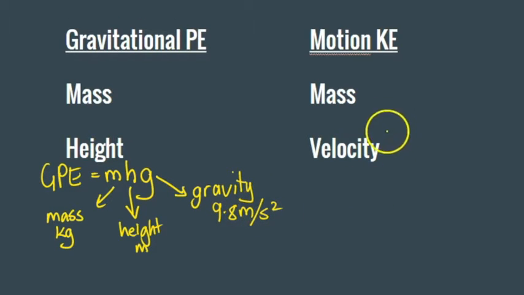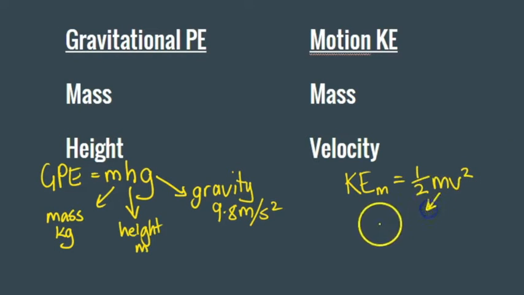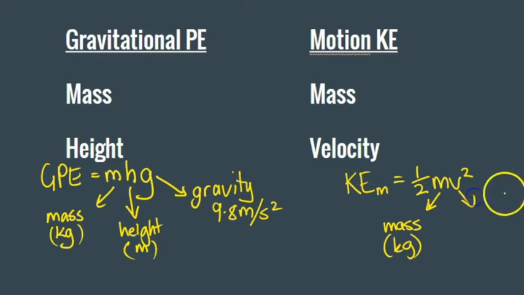Now, likewise, kinetic energy, the energy of motion, has its own way of being calculated. We actually calculate it like this. It's going to be a half of whatever our mass is times our velocity squared. So again, we need to know the mass of the object that's traveling, and again it has to be in kilos, and we have to know the velocity, which is our speed in a direction.